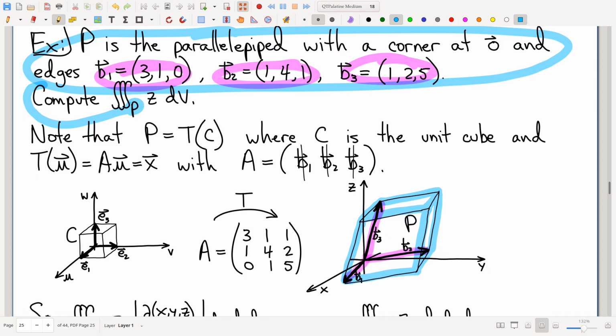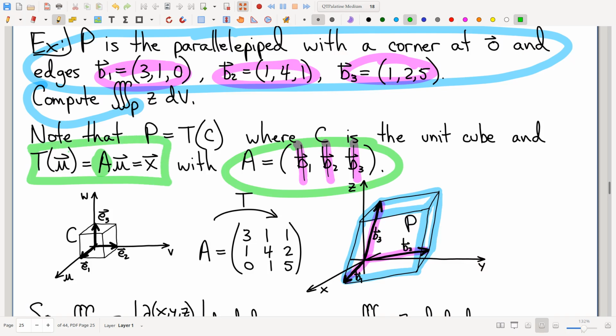No, this is a very clever trick, and the trick is, when you have a domain that is a parallelepiped with one vertex at the origin, take those edge vectors, make those edge vectors the columns of a matrix, and that matrix in the usual way will define an awesome change of variables function. That's the trick. Cool trick.